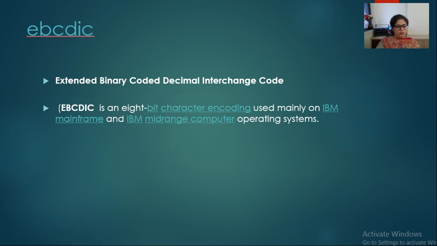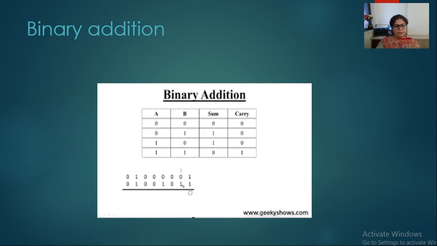After that we are going to start with the next topic, that is binary addition. As the name suggests, we have to understand how the computer performs addition and subtraction of numbers. We know how to add and subtract numbers.